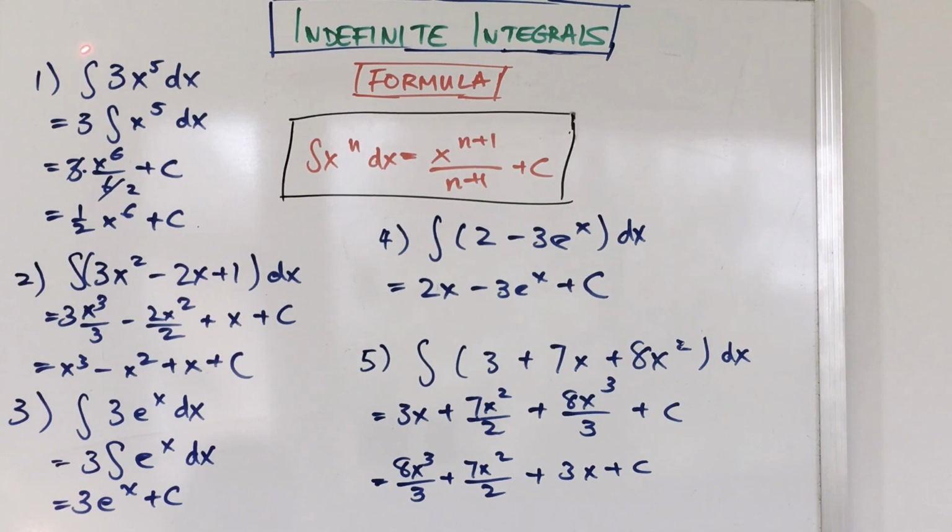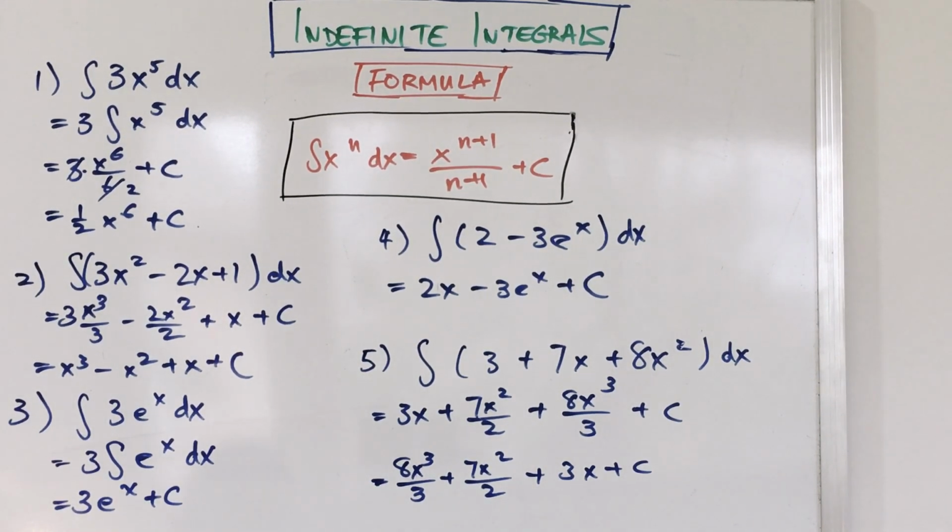Integrate, what is the integral of 3x to the 5 dx? So we take out the constant here, so 3, and then we just rewrite what we had here. Integrate 3 integrate x to the 5 dx.